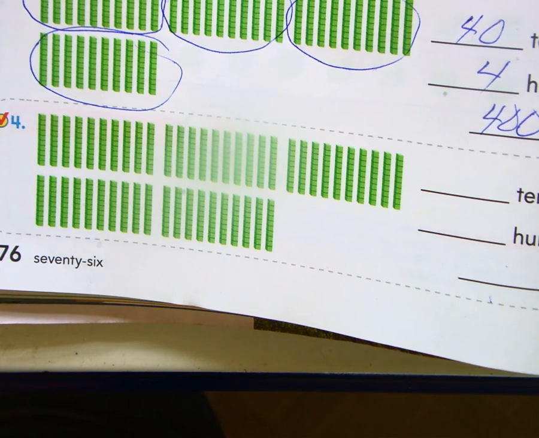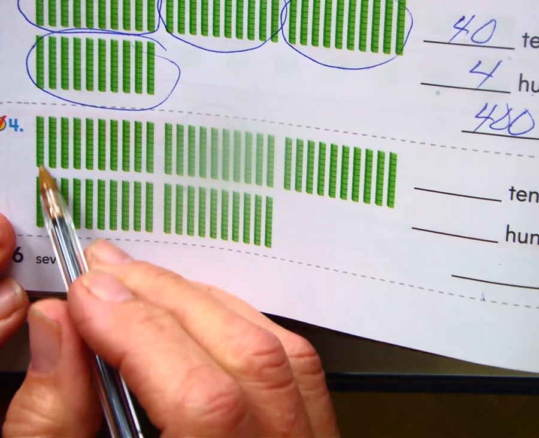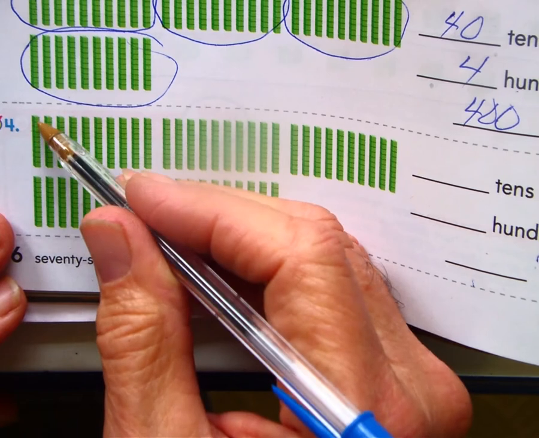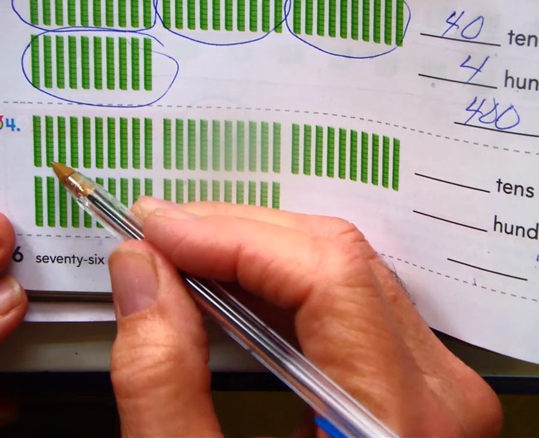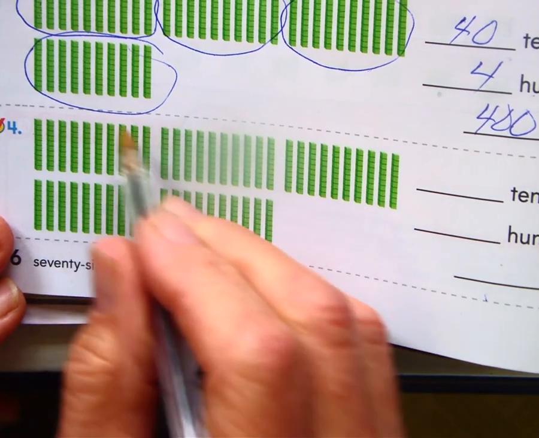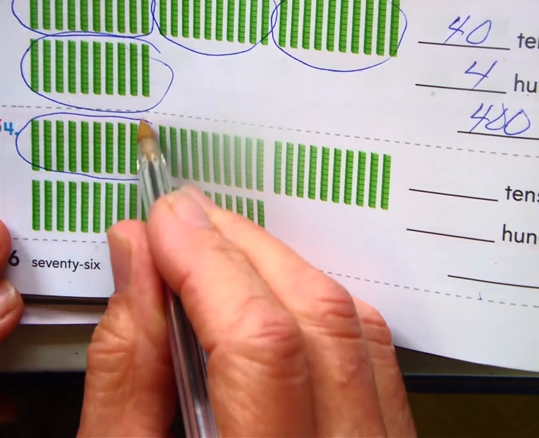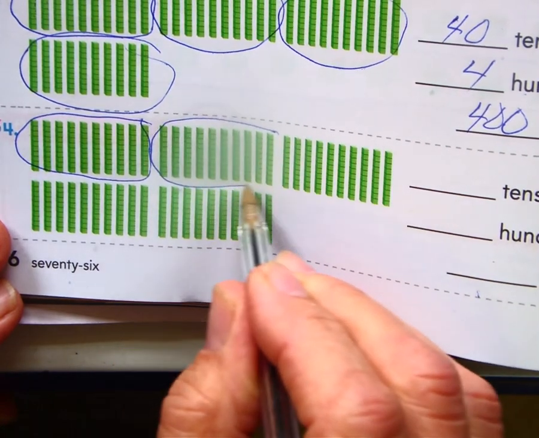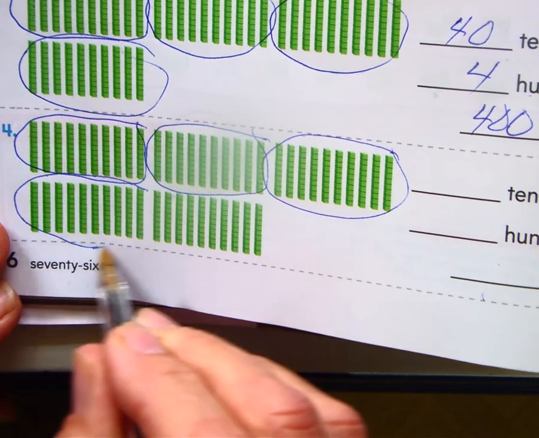You ready to count? Here we go. So I'm going to circle 10 tens. Remember, each of these is a 10. I don't want to count 1, 2, 3, 4, 5, 6, 7, 8, 9, 10, 11, 12. It would take too long. So I'm going to count my tens. There are 10 tens here. Here's 10 more. 10 more. 10 more.